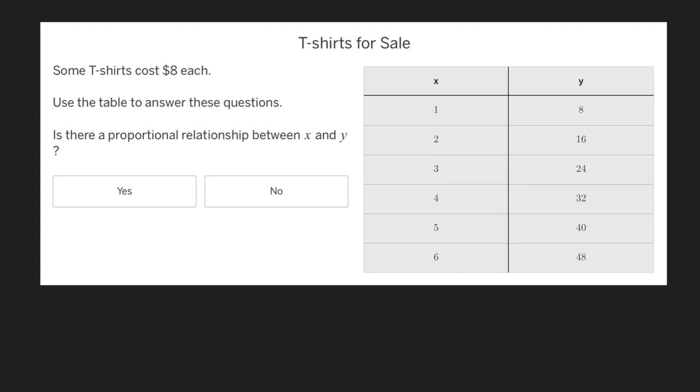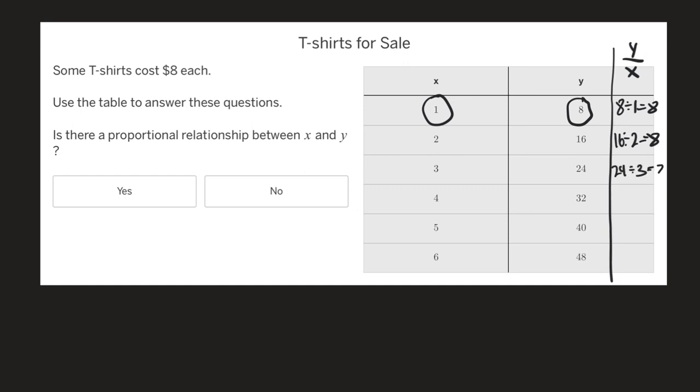Okay, if we have a table and we want to know if this table is proportional or not, I am just going to take my second term and divide by the first term. So I'm going to take my y value and divide it by the x value. So 8 divided by 1 is 8. 16 divided by 2 is 8. 24 divided by 3 is 8.